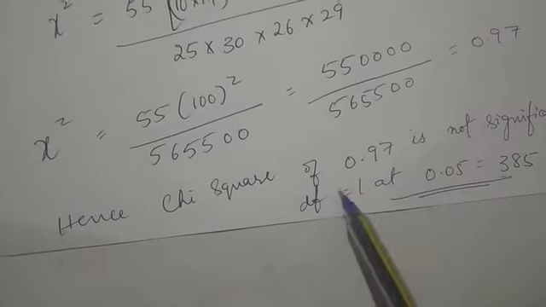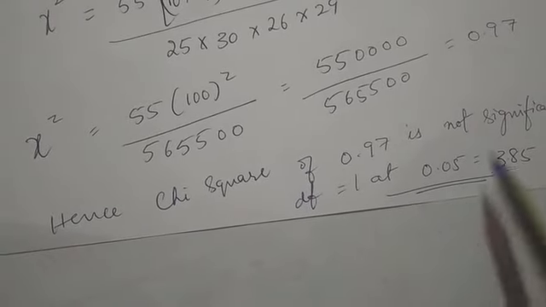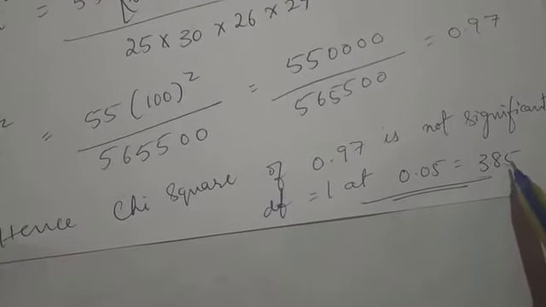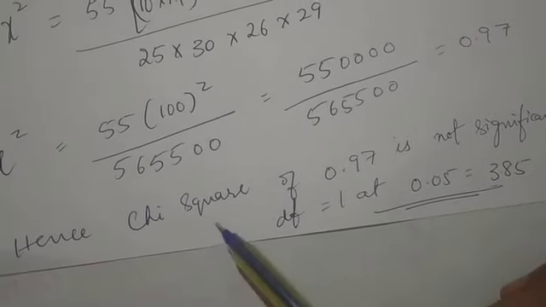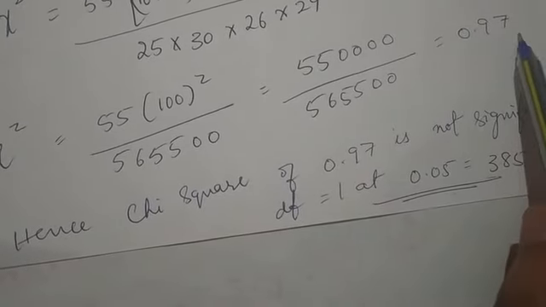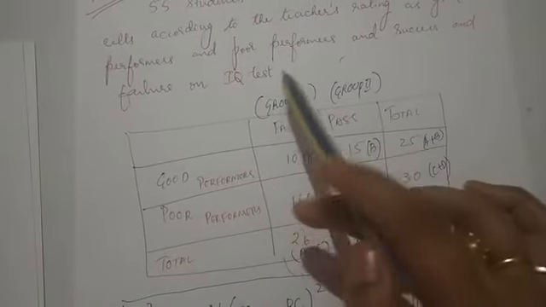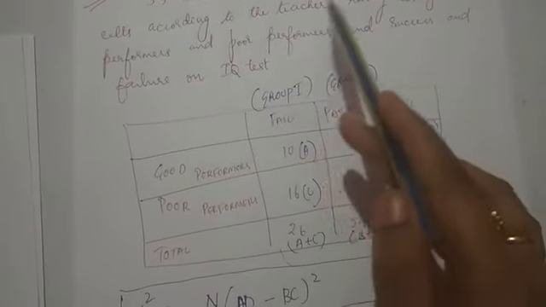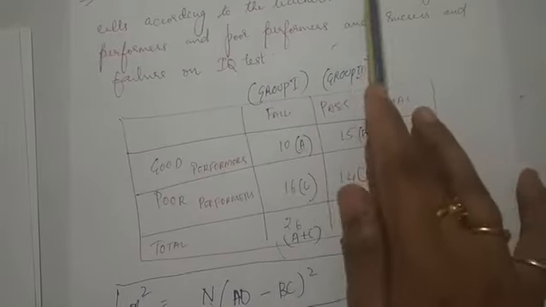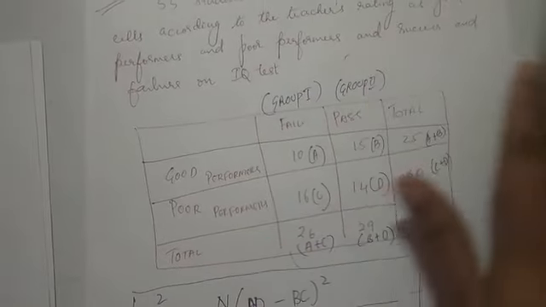Hence again the degree of freedom is 1, at 0.05 level the entry is 3.85. This value 0.97 is not significant. So the performance and the IQ test failure and good performance are not significantly related.